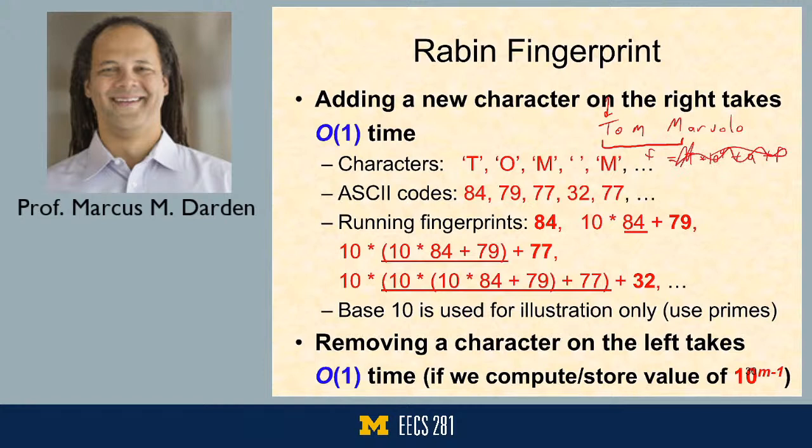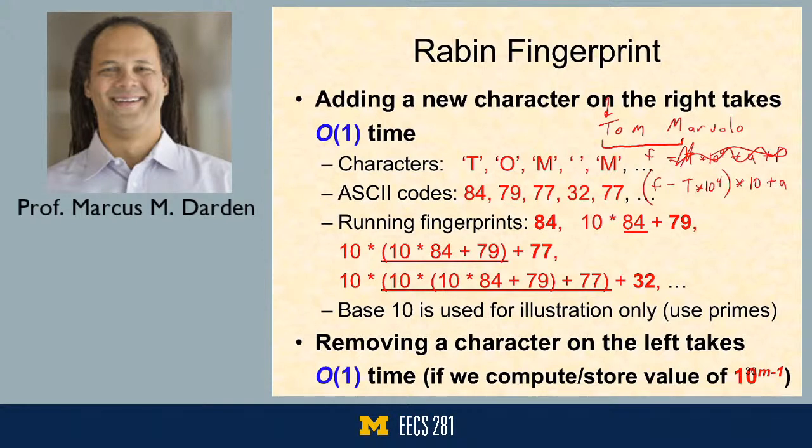So I take F and I'm going to subtract T times 10 to the 4th, right? I can take that whole thing, multiply that by 10, and add A.